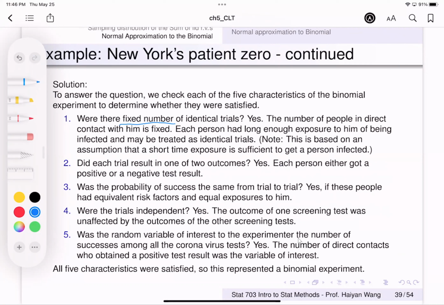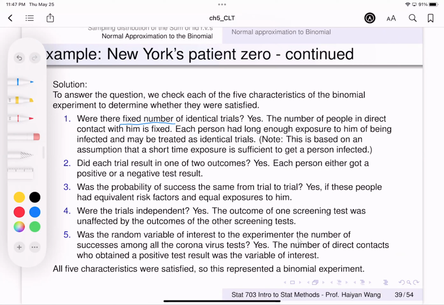As for whether they are identical trials, suppose that if each person had long enough exposure or contact with him, then each has approximately the same chance of being affected, then we believe those would be identical trials. But this has some assumption there.